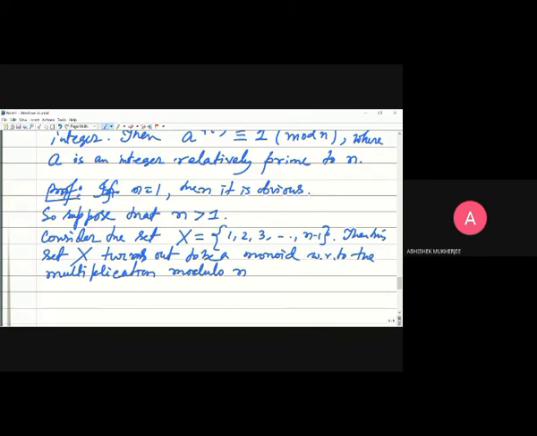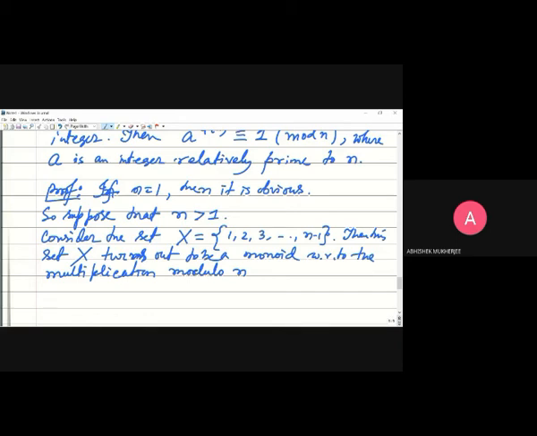Actually, we have proved that. We have proved this fact in our earlier discussion, that this set forms a monoid with respect to multiplication modulo n.